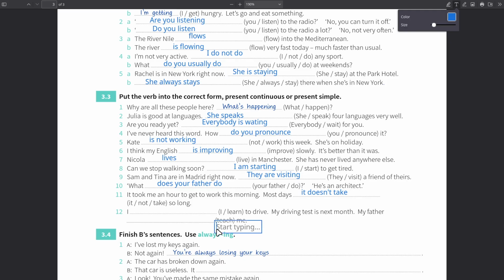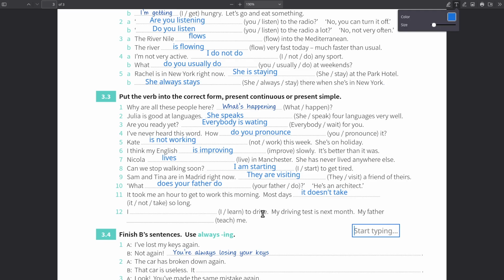The next one. I learn to drive. My driving test is next month. My father teaches me. Let's analyze this part. Because my driving test is next month, I can assume that person is learning right now, because that person is preparing for the test.